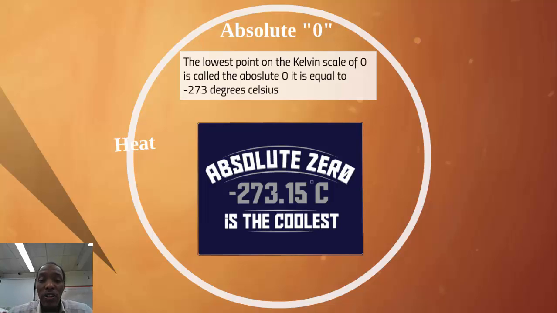Absolute zero is the theoretical point where particles essentially stop moving. There is no movement at absolute zero, right? Absolute zero is equivalent to negative 273 degrees Celsius. And so that's absolute zero, where particles will eventually just stop moving.